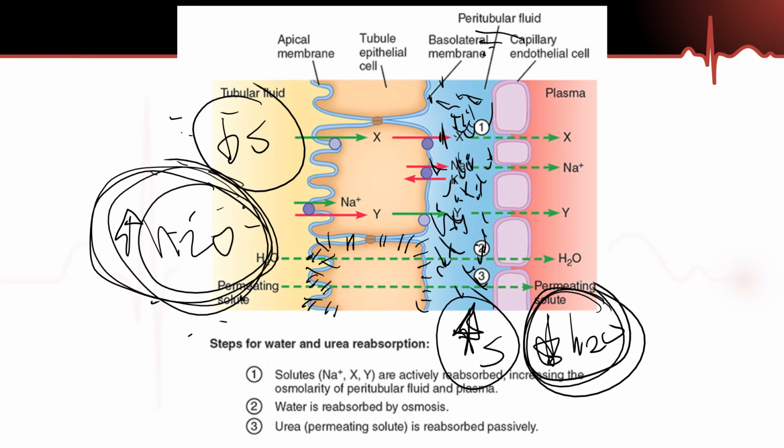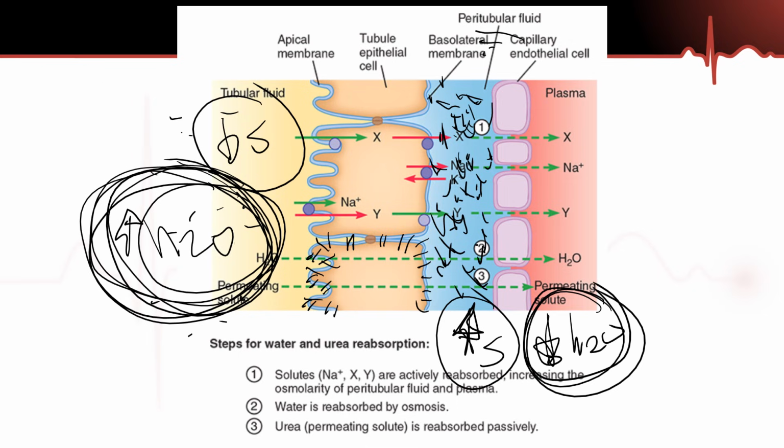The water concentration within the peritubular or interstitial fluid is low. So the water concentration is high within the blood plasma inside of the lumen of the proximal convoluted tubules, and low within the peritubular or interstitial fluid.